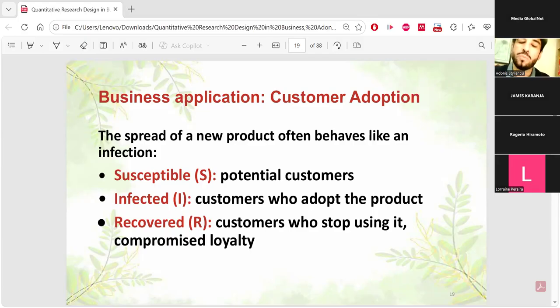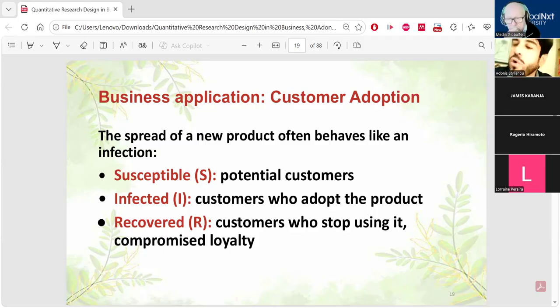We want to monitor the susceptible, how much this is changing, whether susceptible are going to become infected, whether people who are good candidates to embrace the product actually adopt it, and then how many of those are going to quit the product.